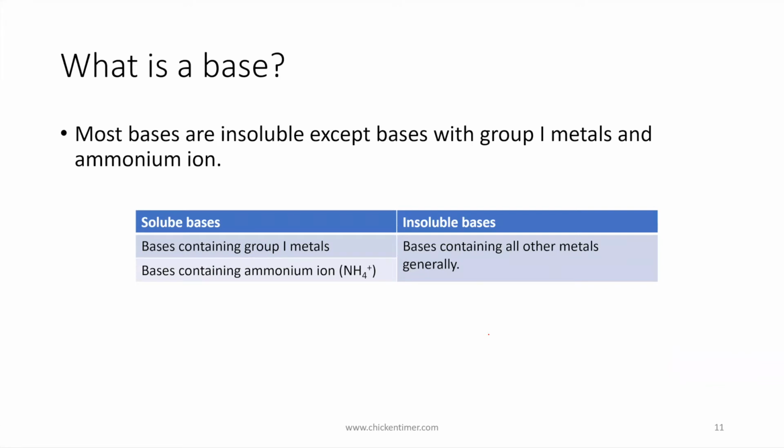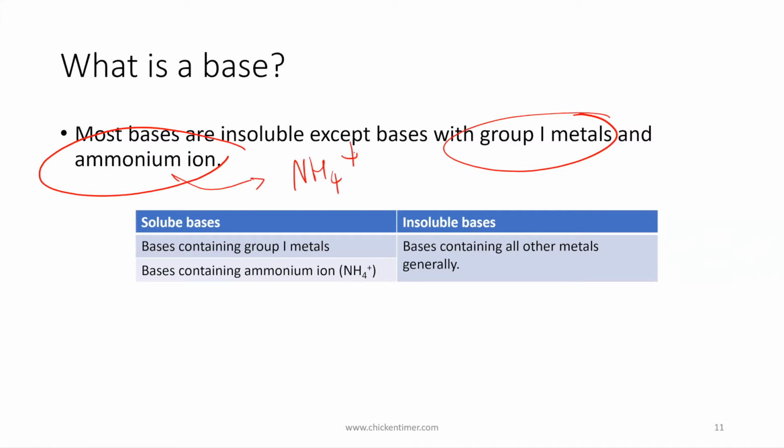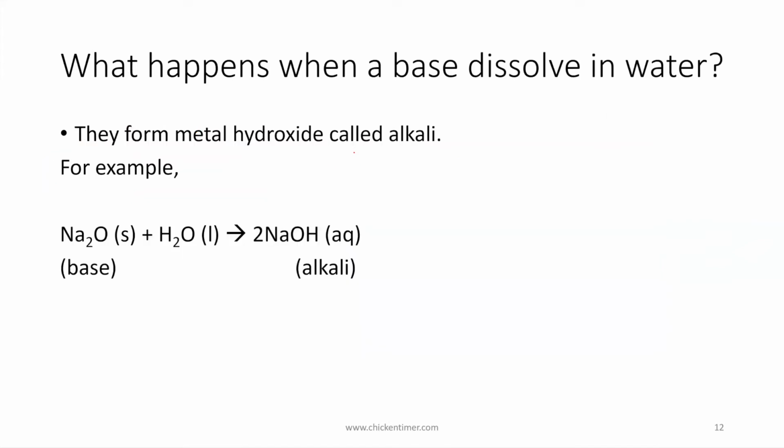Bases are usually insoluble, except for those made from group 1 metals and the ammonium ion. Ammonium ion is this ion. So they are a group that dissolves in water.